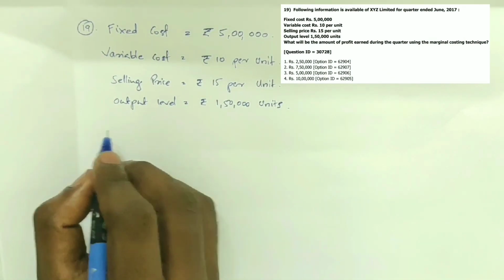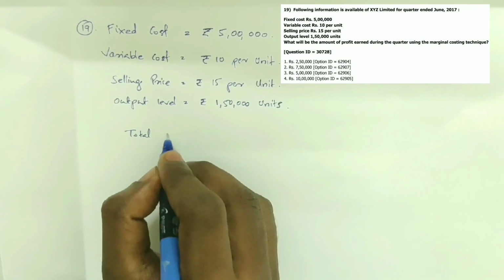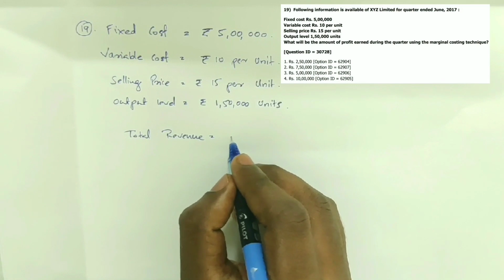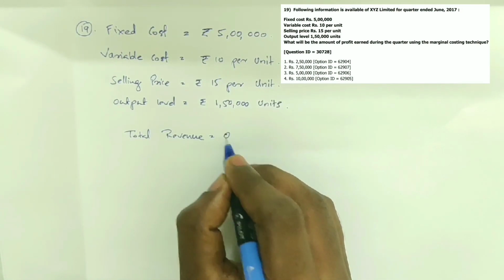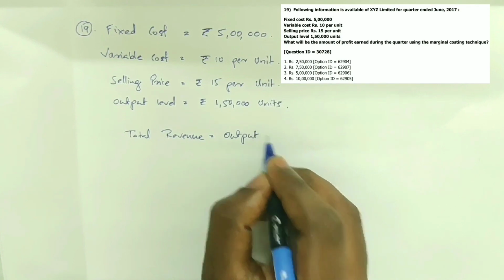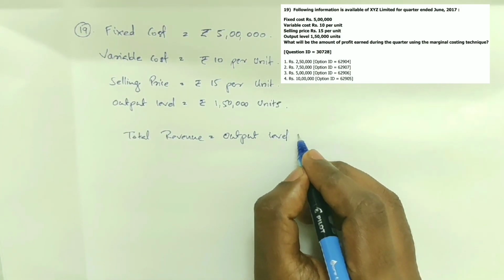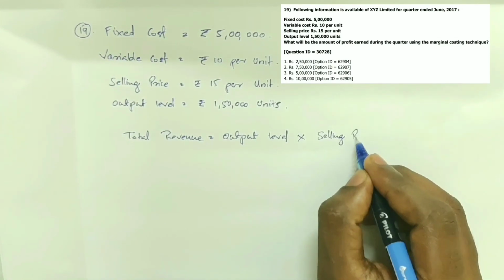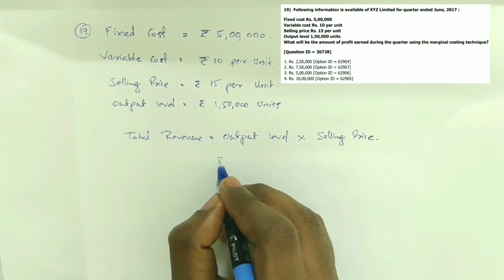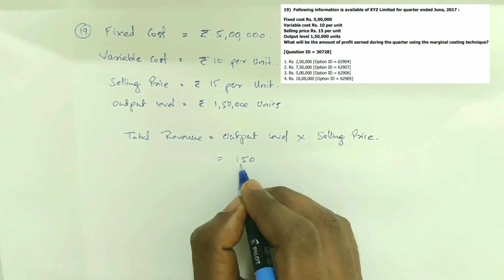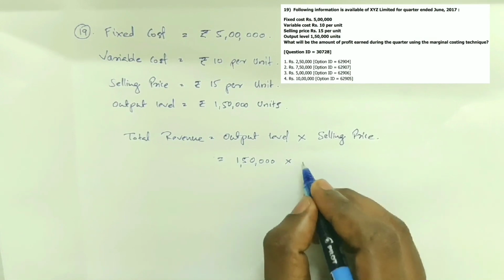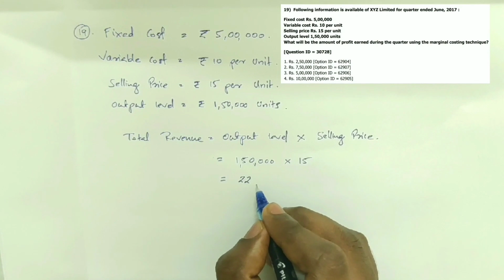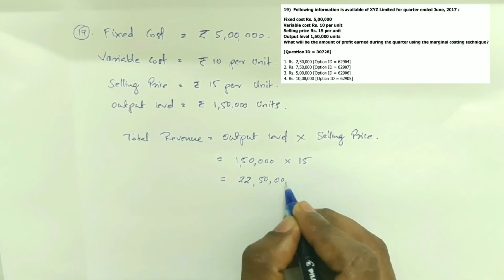Write down the equation for calculating the total revenue. Total revenue is equal to output level into selling price, is equal to 1,50,000 into 15, is equal to 22,50,000.